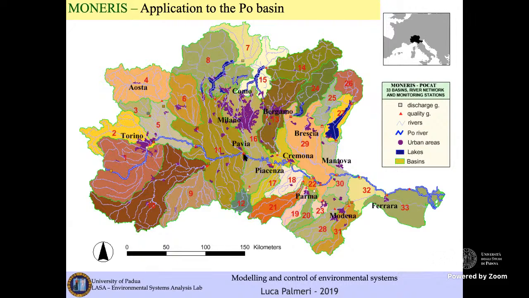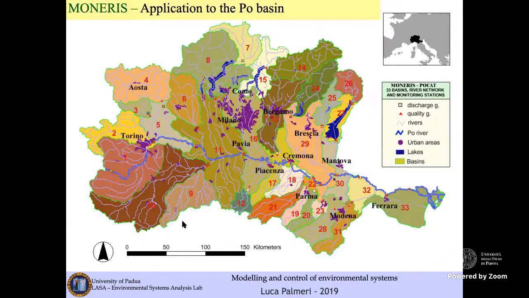So we have to identify different discharge gauge stations in which we have figures concerning the water discharge, so water quantity flowing in the subbasin closure, and quality gauging stations, so stations in which you have information concerning water qualities. Triangles are quality gauging stations, and squares, gray squares, refers to discharge gauging stations.